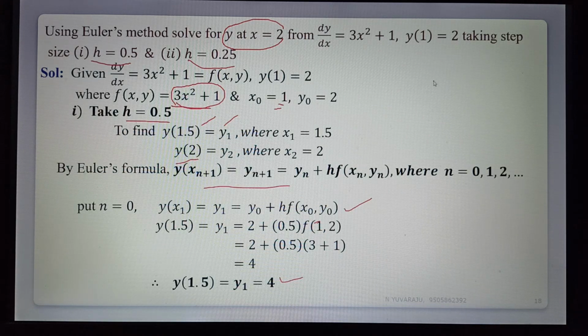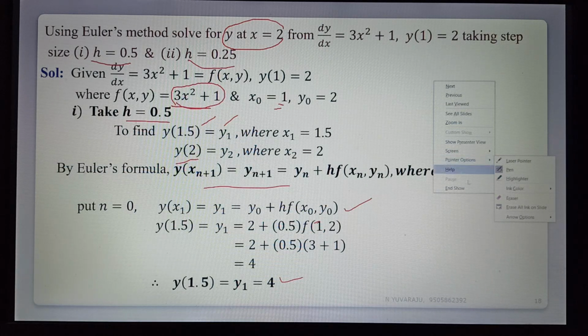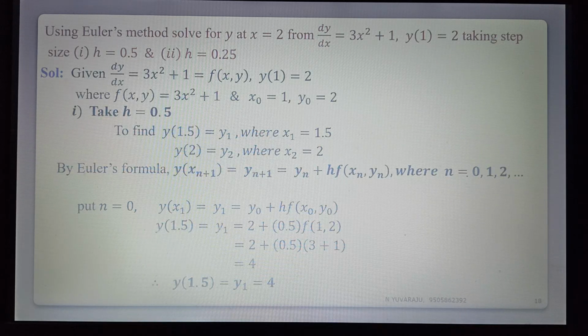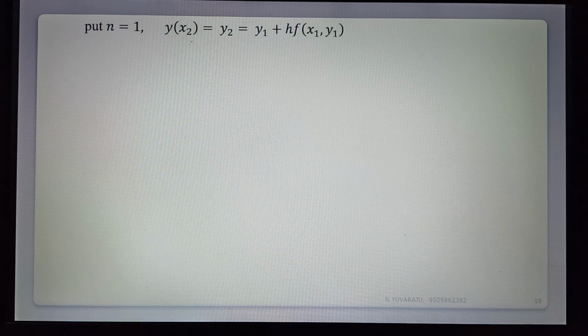Similarly we have to find the second value. For n is equal to 1, y of x2 is equal to y2 is equal to y1 plus h into f of x1 comma y1. Substituting here, y2 is equal to 4 plus 0.5 into f of 1.5 comma 4.